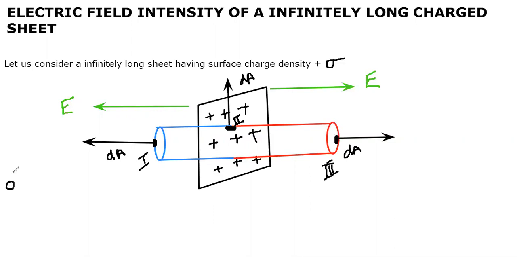That is, phi is equal to, just as it was in the last derivation of Gauss application, integral of E dot dA plus integral of E dot dA plus integral of E dot dA.